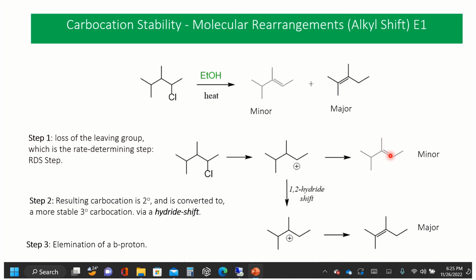A hydride shift can occur from here to here, and so we end up with a tertiary carbocation, and elimination gives us a more substituted species.